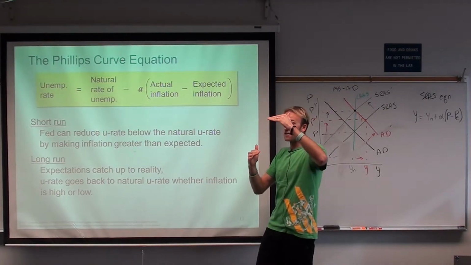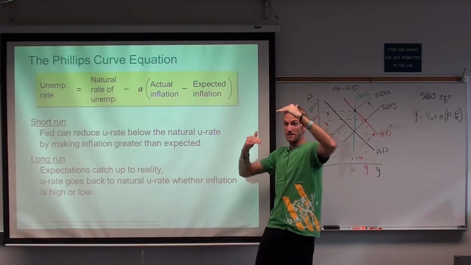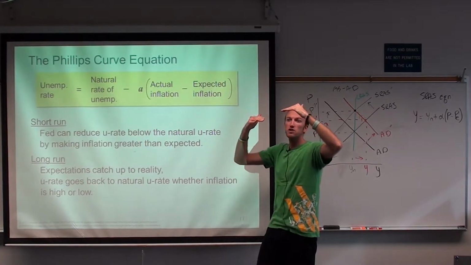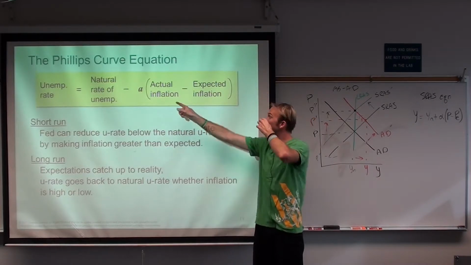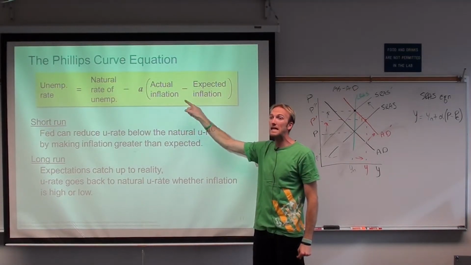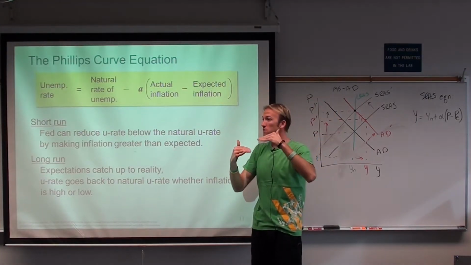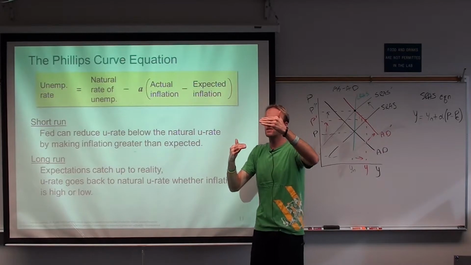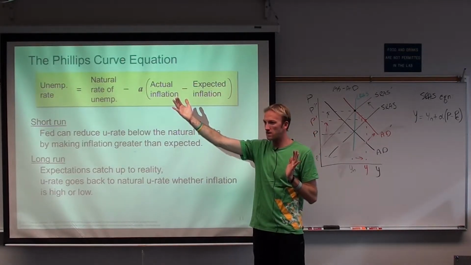Make inflation even higher, like 4%, in order to trick them. And each year, because they catch up a year later, the Fed had to make inflation even higher than the year before. So if it was 3%, they had to make it 4% the next year, then 5% the next year, right? They did this for almost 10 years, 1961 to 1969.